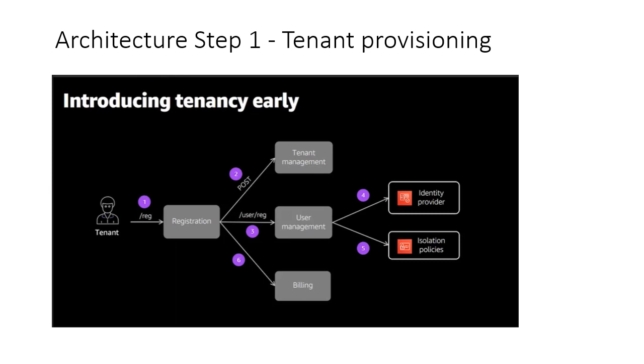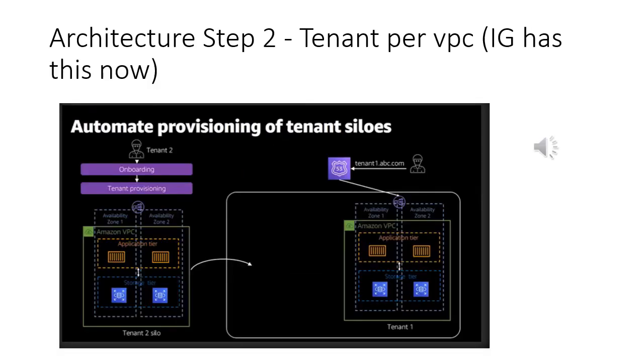So looking at things like how a tenant registers as a new tenant, how we manage a tenant, how we bill a tenant, what the isolation policies are, looking at onboarding, those kind of things. That's stuff that we've been doing already, but there's a lot more to do, and we're partway through that.